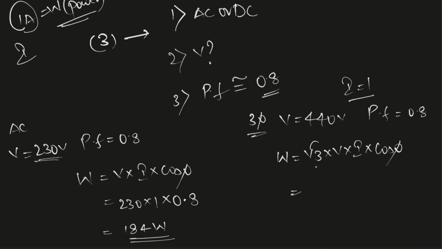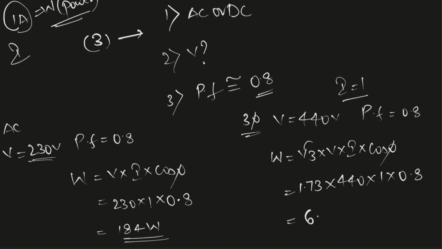Substitute the values. The equivalent value for root 3 is 1.73, into voltage 440, into current 1, and cos phi 0.8. Then the value will be around 608.96, which is equivalent to 609 watt.